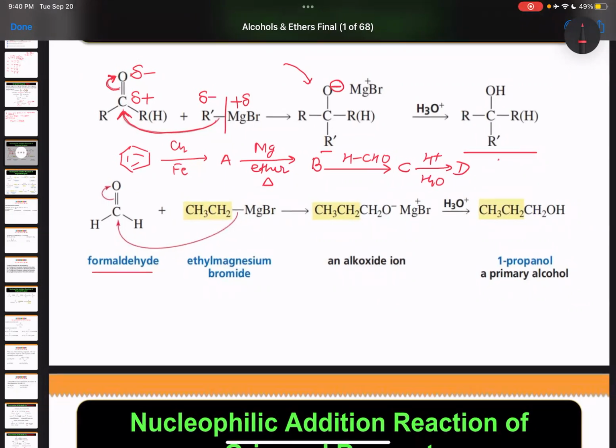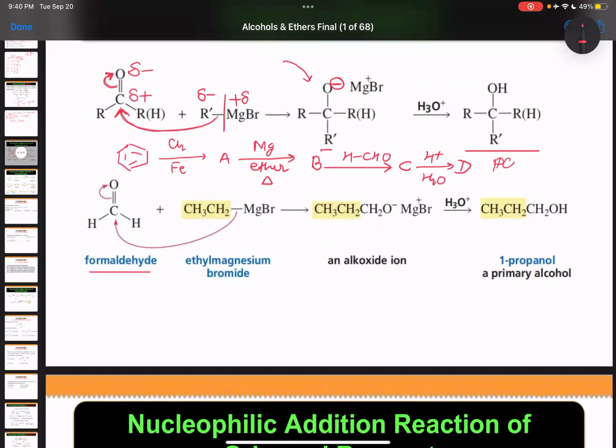What's the name? PhCH2OH. Yes, benzyl alcohol. That's the common name. Clear? Right?